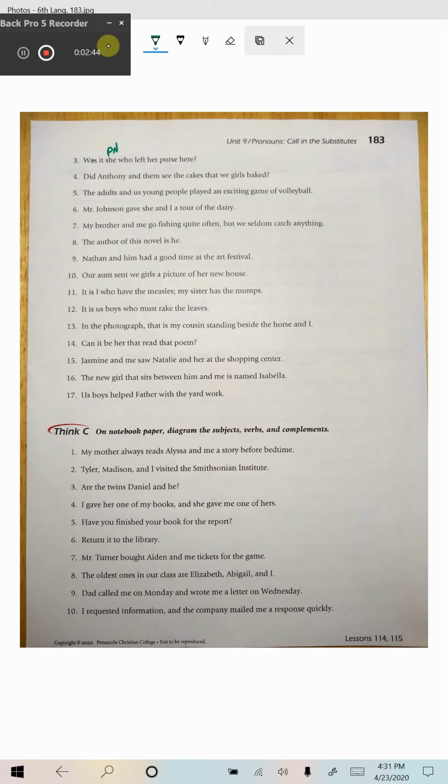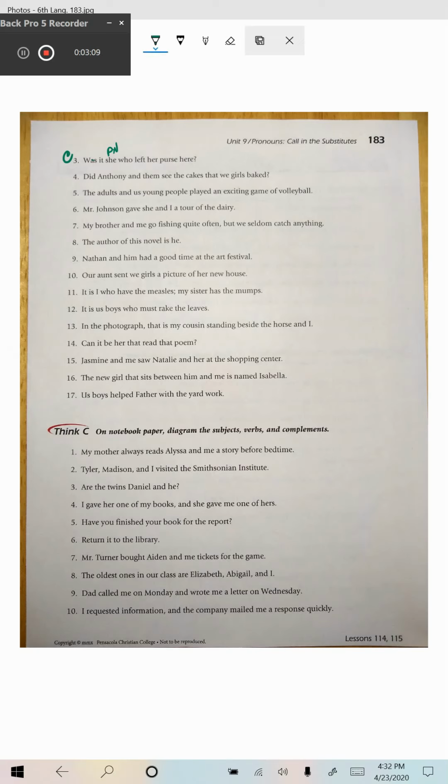So that's correct. It was she who left her purse. Her is just possessive, so that one's fine. We don't even think about that one. So anyway, it's correct. So we've already had 2 of them out of the 5.